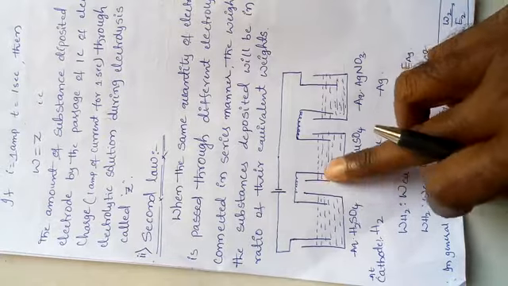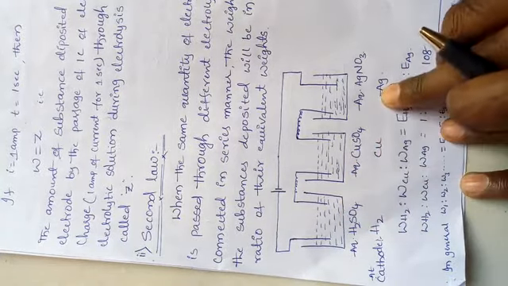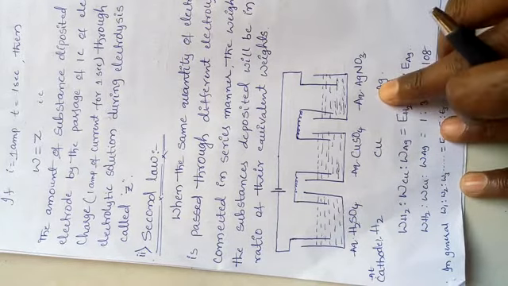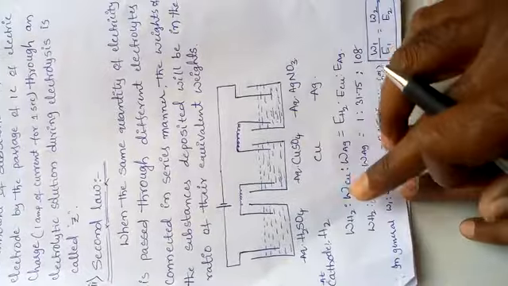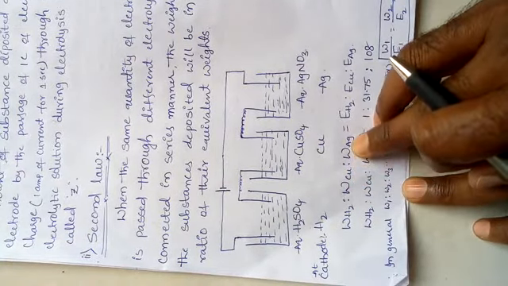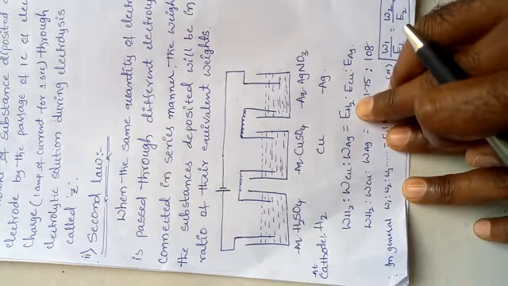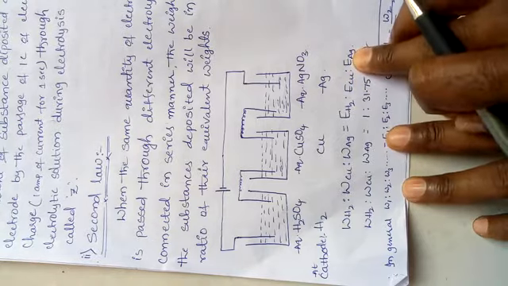Reduction takes place. By reduction at the cathode, hydrogen is released in the first cell, copper is deposited in the second, and silver is released in the third. According to the statement, the weight of hydrogen to weight of copper to weight of silver is in the ratio of the equivalent weights of hydrogen, copper and silver.